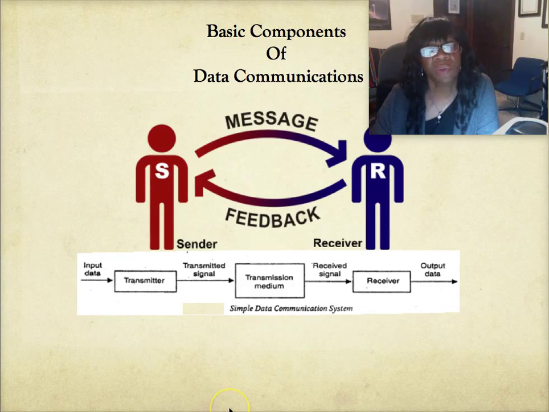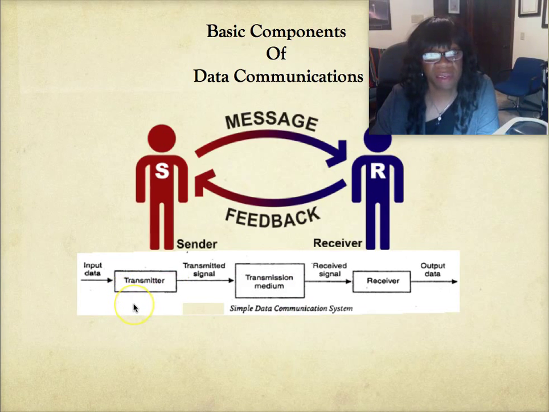Next, we will examine the basic components of data communications. The basic components of data communications are the same as a typical communication process, in which you will need a sender, which is this particular person. You will need a message, and you will also need a receiver, which would be your destination.